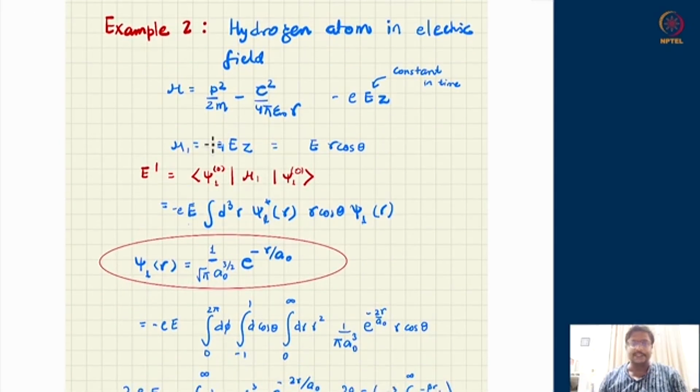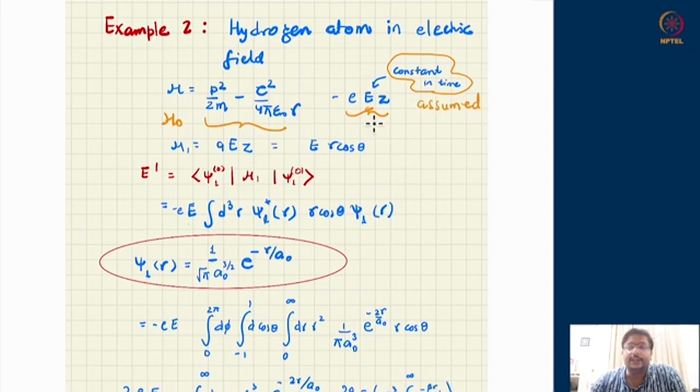So what we talk about is a hydrogen atom whose Hamiltonian is the kinetic energy minus the Coulomb potential, which is the unperturbed Hamiltonian H naught, as we know. And then there is a correction term which comes from the application of an externally applied electric field. The electron will see the electric field present and would therefore feel an electric potential. I am assuming that the field is constant in time, because we are doing time-independent perturbation theory.